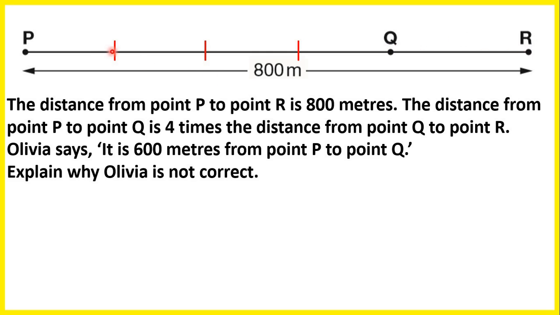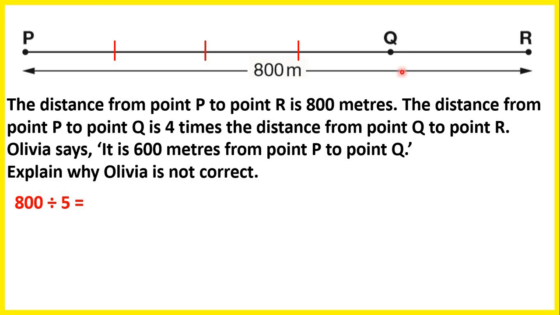So what we can do is mark our diagram to show that we need 1, 2, 3, 4 jumps to get from P to Q, and just 1 jump to get from Q to R. So that's 4 times as many jumps to get from P to Q as to get from Q to R. Now what we can do is divide 800 by 5, because 800 is the total length from P to R, and we've split this into 1, 2, 3, 4, 5 equal jumps.